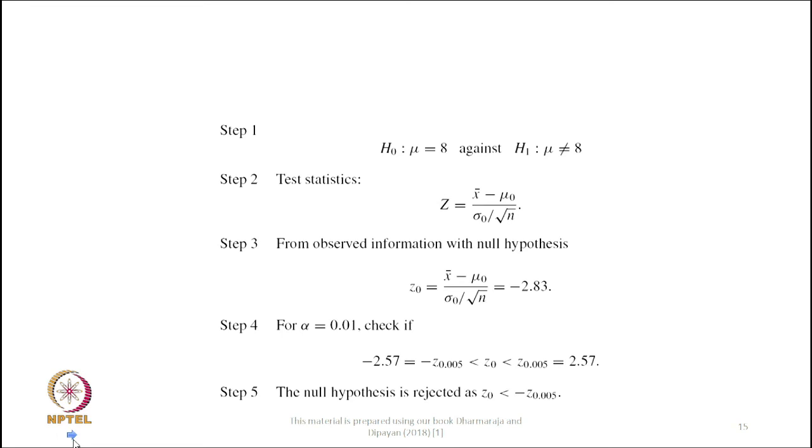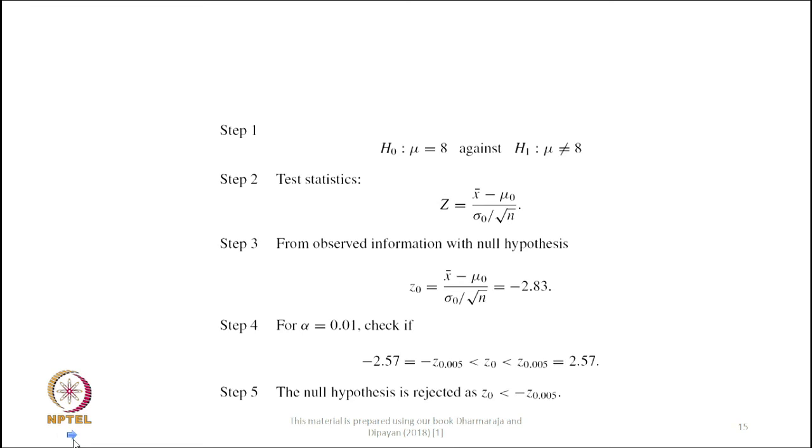Fine. Step 5 is the conclusion. Now, you have to look at step 3 and step 4 and identify where your z naught value lies, whether within the acceptance region or the rejection region, the critical region. Based on that you conclude to reject or not to reject.